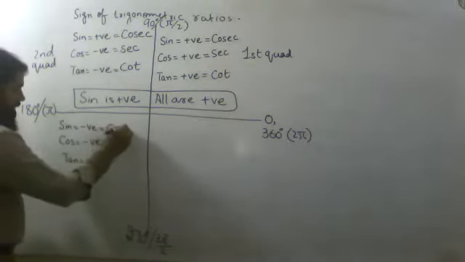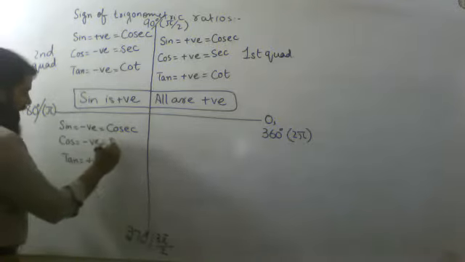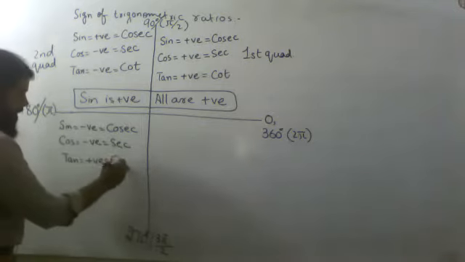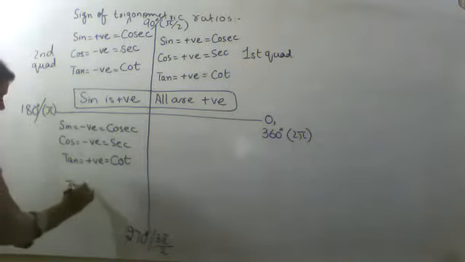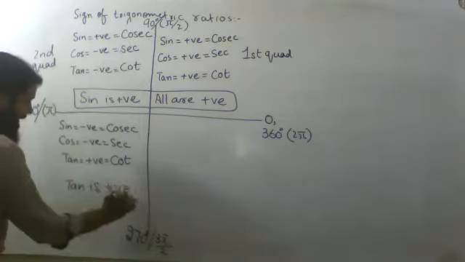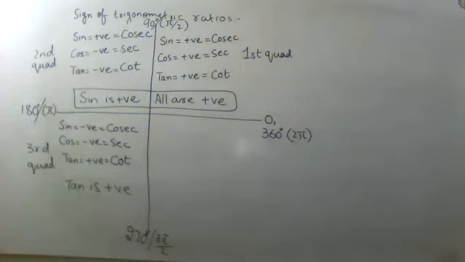The reciprocal of sine will also be negative. The reciprocal of cos will also be negative. But the reciprocal of tan, as tan is positive, will also be positive. It means in the third quadrant, tangent and its reciprocal will be positive.